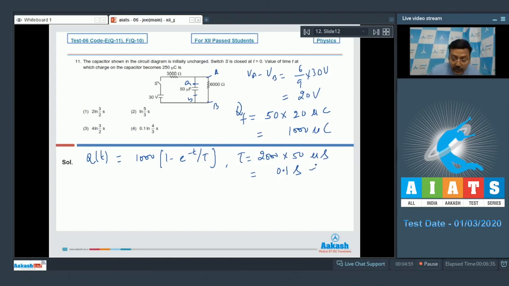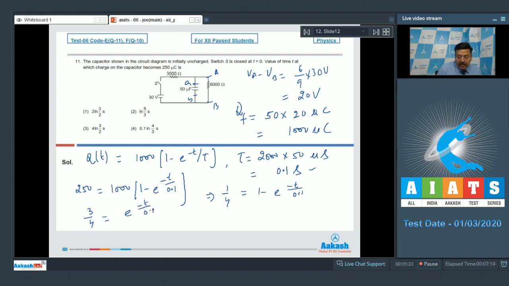Now the value of Q has to become 250 microcoulomb. So the equation is 250 is equal to 1000 into 1 minus e to the power minus t by 0.1 second. Simplifying, we have 1 by 4 equals 1 minus e to the power minus t divided by 0.1. So 3 by 4 is equal to e to the power minus t divided by 0.1.